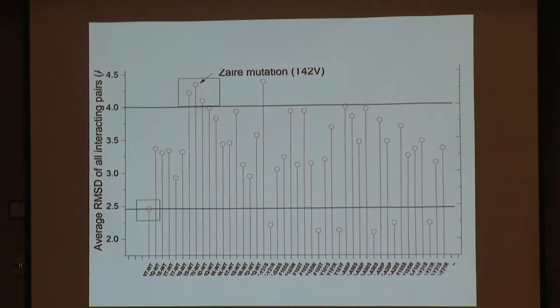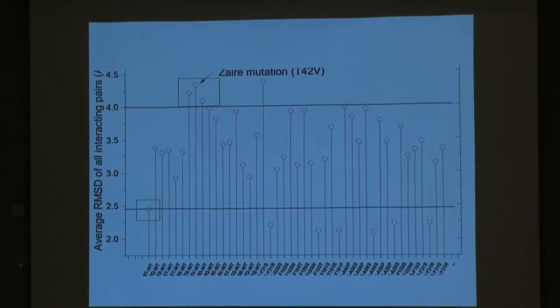Let me tell you what you're looking at. The fine print is probably too fine for you to see. On the vertical axis, we're seeing the average RMSD of interacting pairs. On the horizontal axis, each vertical line is based on a different combination of residues: a mutation for the Ebola protein, and then a corresponding response for the antibody.